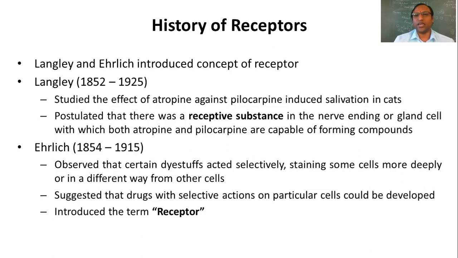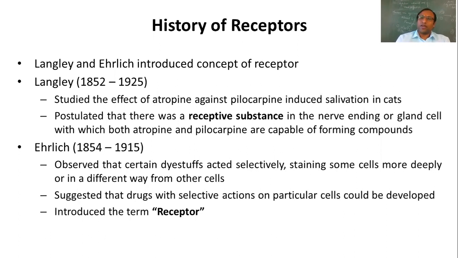If you see the history of receptors, it all started with Langley and Ehrlich, who introduced the concept of receptor. Langley, 1852 to 1925, studied the effect of atropine against pilocarpine induced salivation in cats.